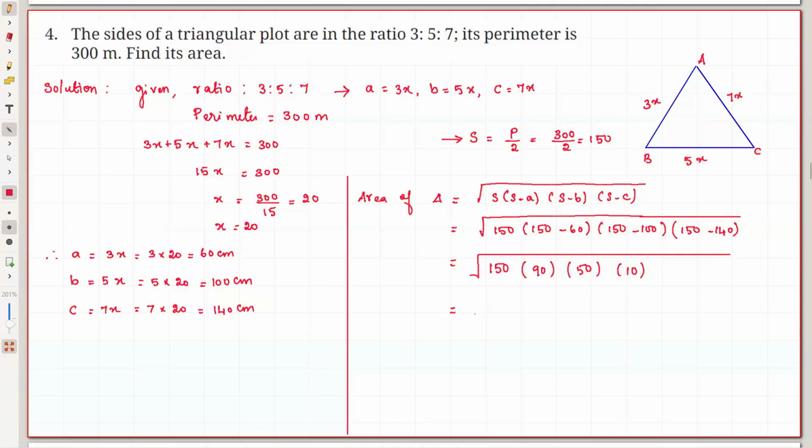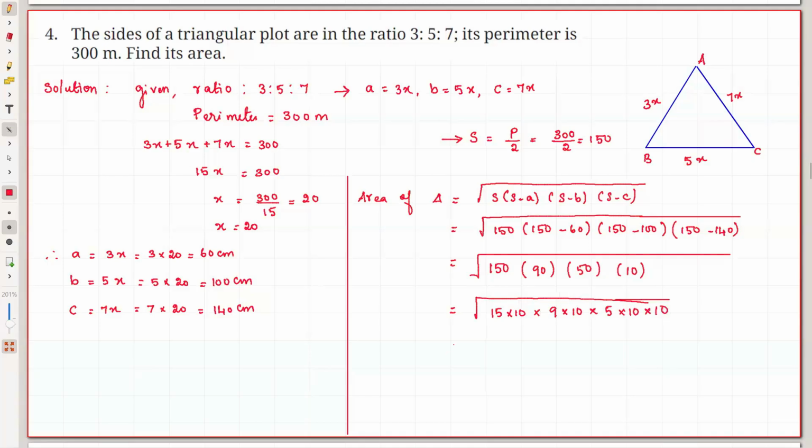150 can be written as 15 into 10. Here one more 10 is there, so I can just take 10 outside. Now 90 can be written as 9 into 10, and 50 can be written as 5 into 10. Here one more 10.